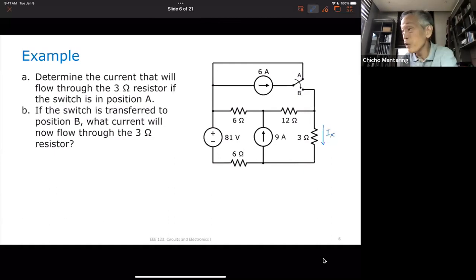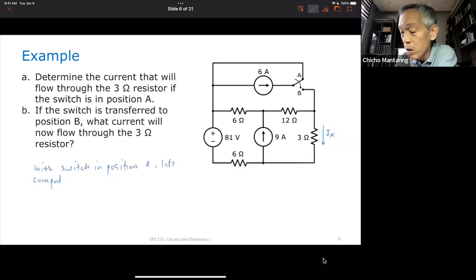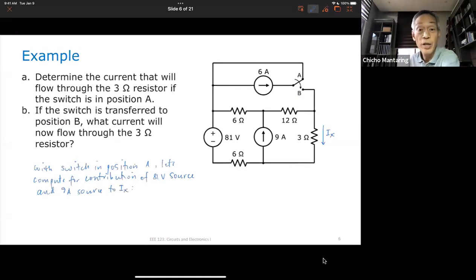So with the switch in position A, let's compute for I sub X. The 81-volt source and the 9 ampere source will be working together, so let's compute for their contribution to I sub X working together.